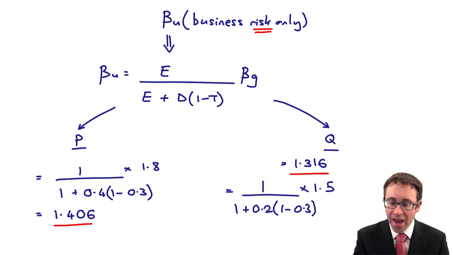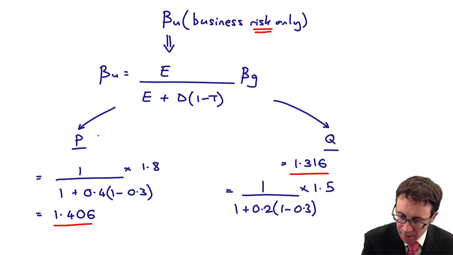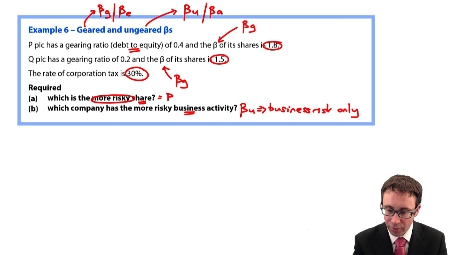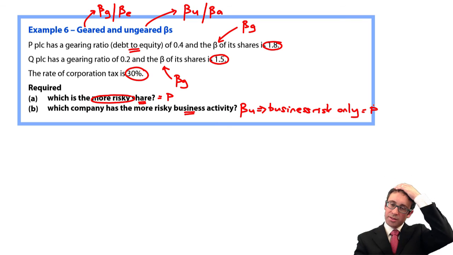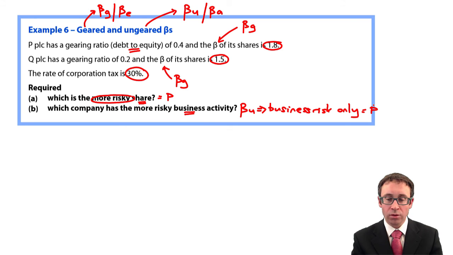And therefore the higher of the two is P. So P also has the higher level of business risk. Excellent. So P is overall the most risky, and P also has the higher level of business risk.